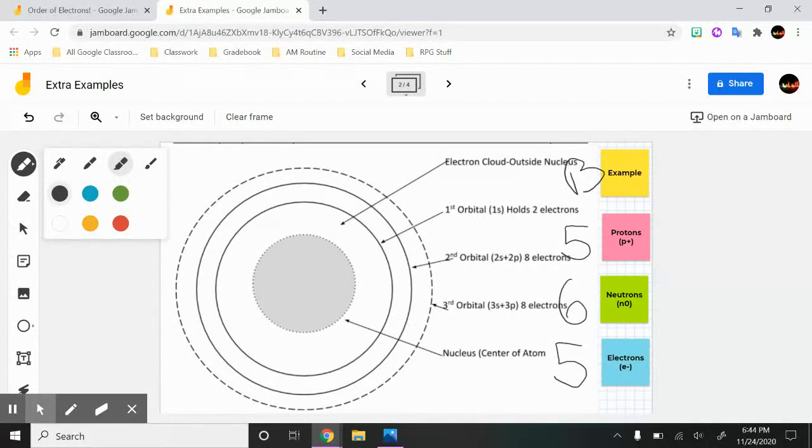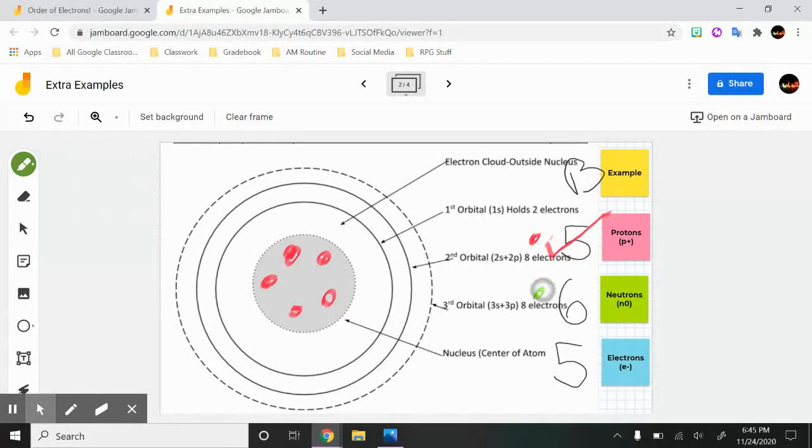So again, we put the 5 protons in the center, in the nucleus. Then we put our neutrons in there as well. I put 6 neutrons because that's how many it says I have. Protons and neutrons go in the nucleus.